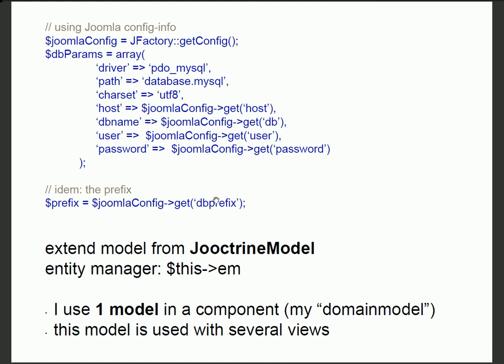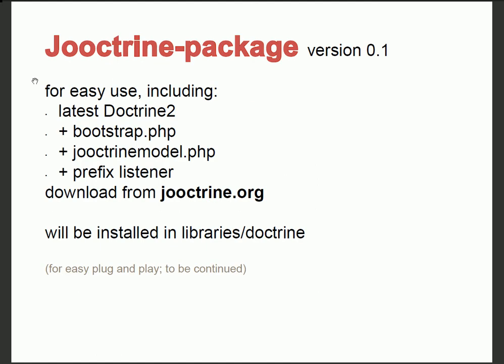But to make it a bit simpler, I will provide, and that seems to be a recursive function, I will provide next week a small package to put that all together, so you can simply play with it. And then the latest Doctrine will be installed in libraries Doctrine, and I will work that out a bit.